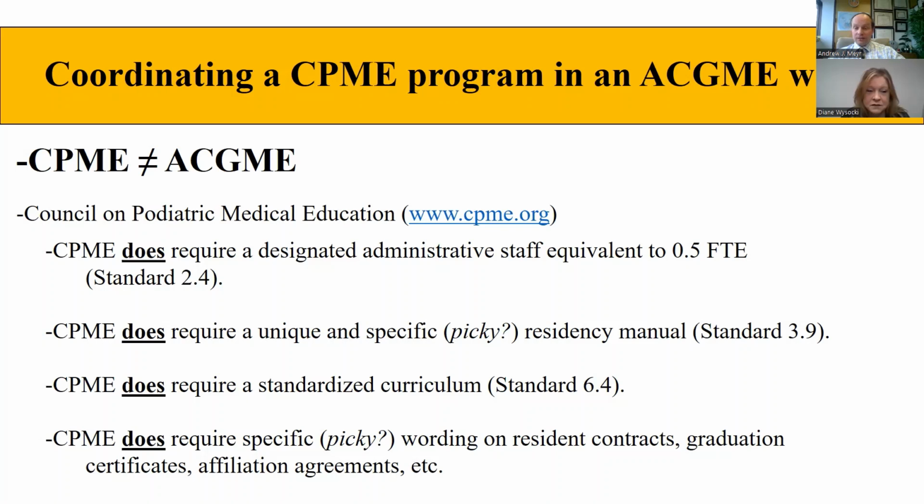Resident contracts, graduation certificates, affiliation agreements. Although sometimes you just get boilerplate contracts from the hospital, directors and coordinators really need to make sure that it is specific wording that the CPME requires. It can't just be a boilerplate certificate. It can't just be a boilerplate contract. There has to be very specific wording that takes place in there.